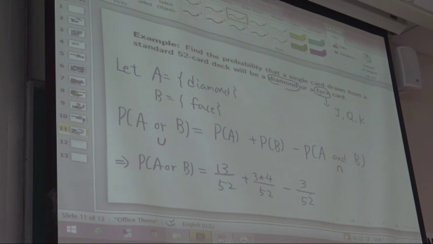That is the probability of A or B, diamond or face card: 13 over 52 plus 12 over 52 minus 3 over 52. If we simplify, we get 22 over 52, and divided by 2, 11 over 26. And that is the probability.